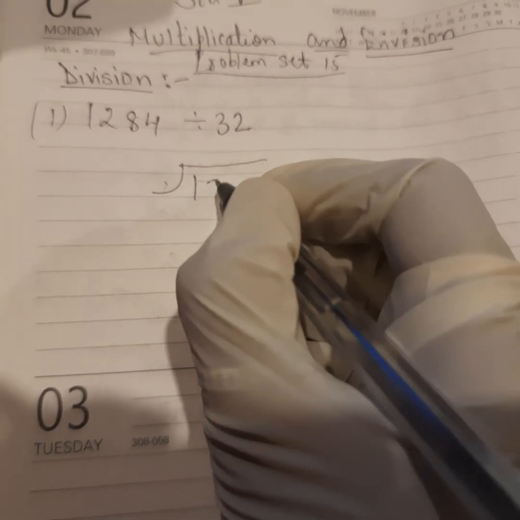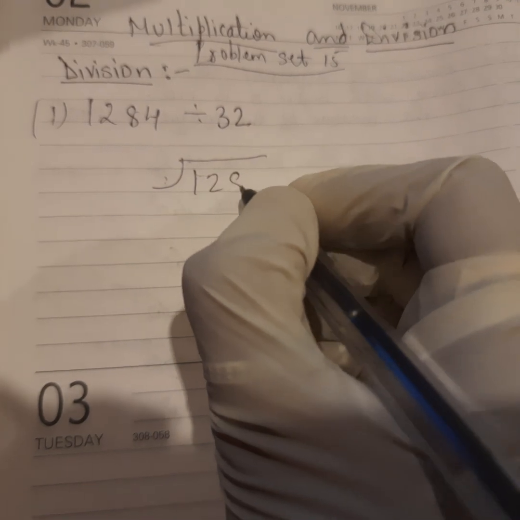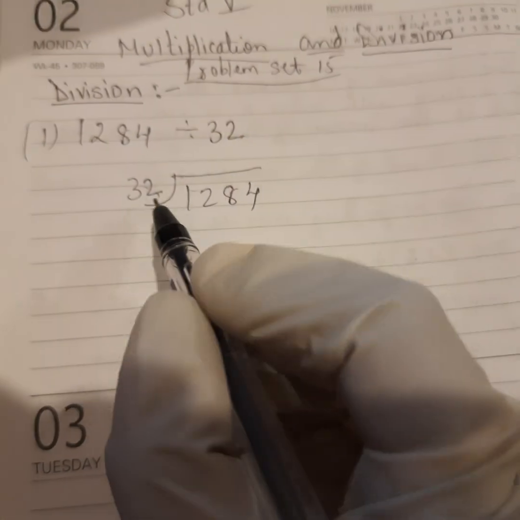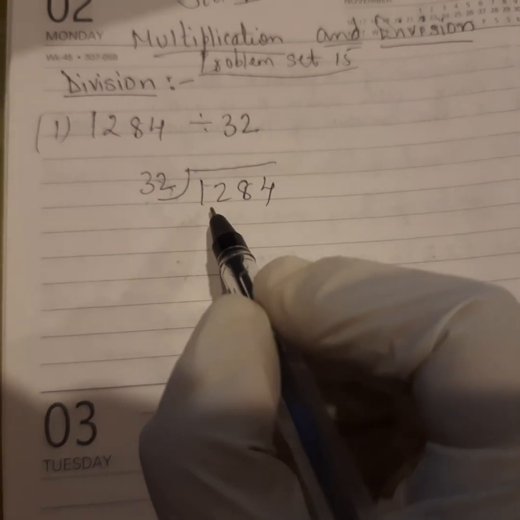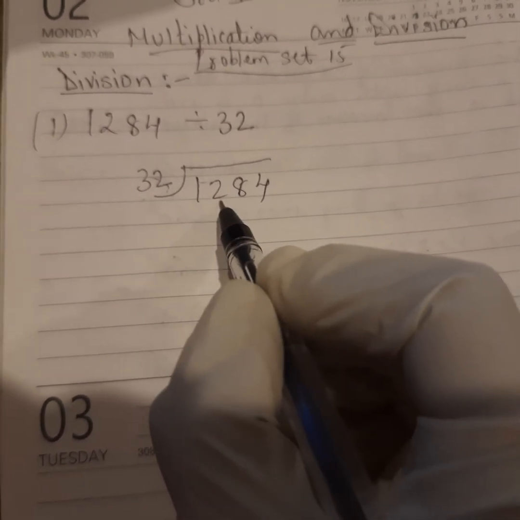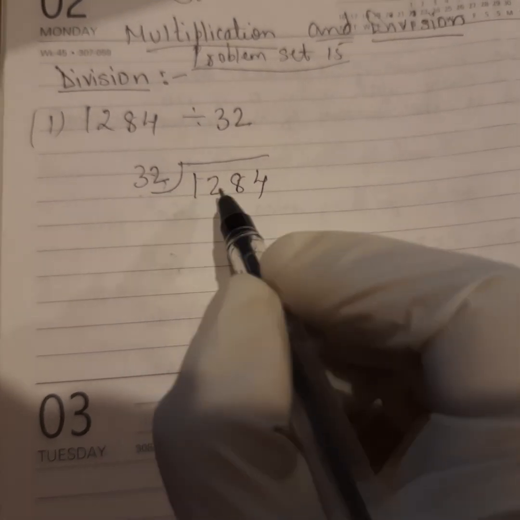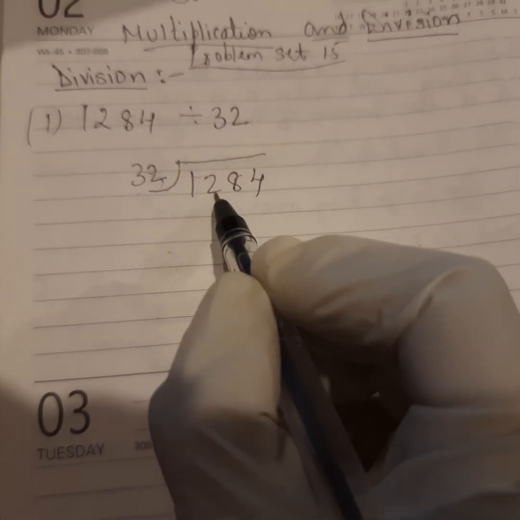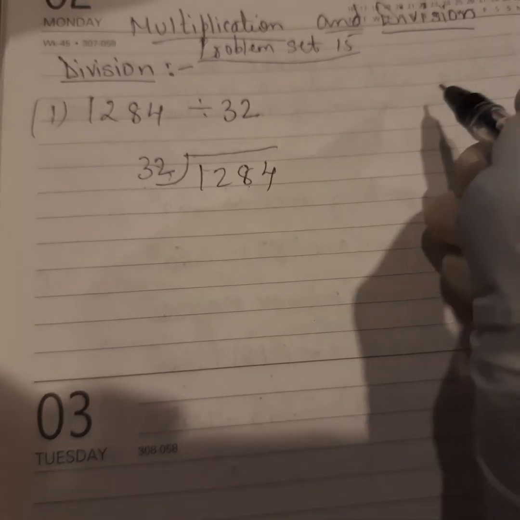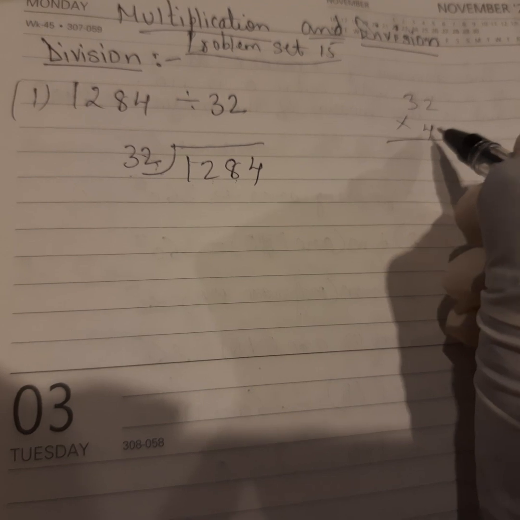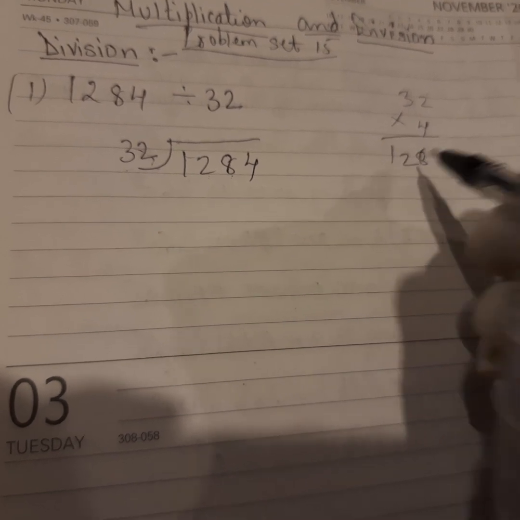1284 divided by 32. 32 is a 2-digit number, children. So here we cannot take 2 digits because 12 is much smaller than 32. So we take 3 digits, 128. 32 fours are 128: 4 twos are 8, 4 threes are 12.